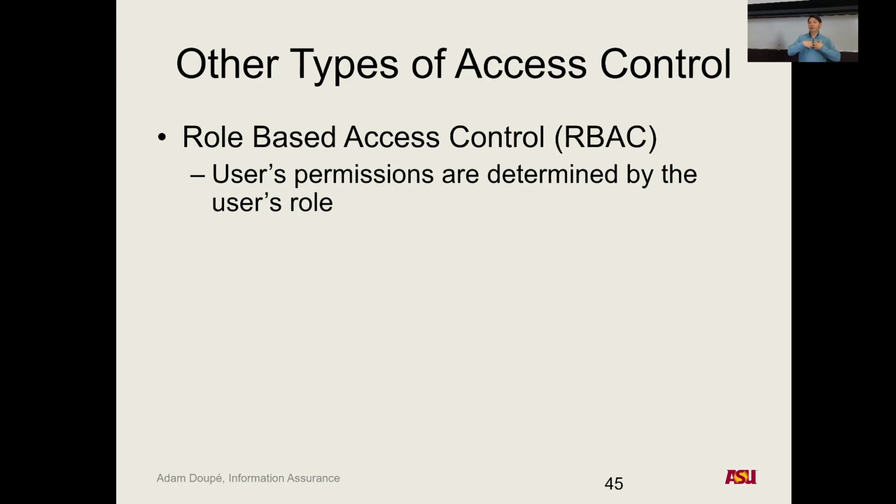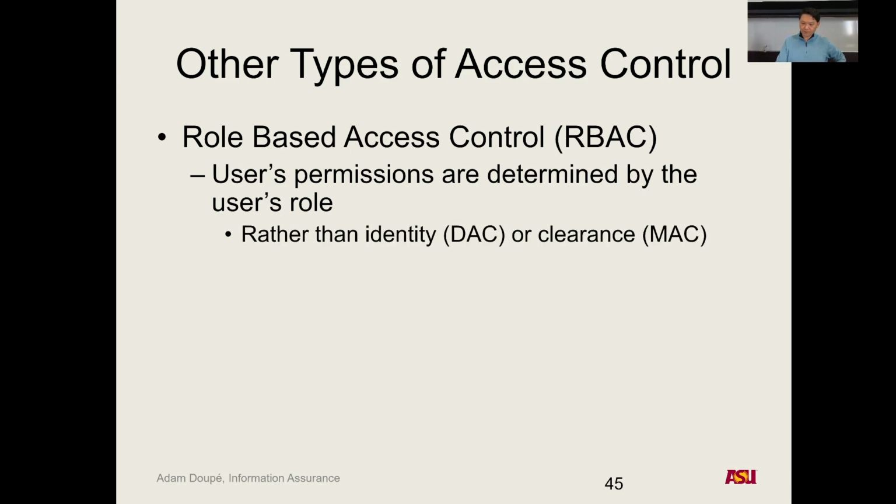So I'm a faculty member or you're students, and based on that, you get the permissions, right? So doctor, patient, and nurse have different access policies. Based on the role, we can define the access policies.